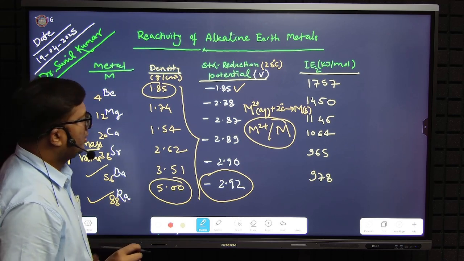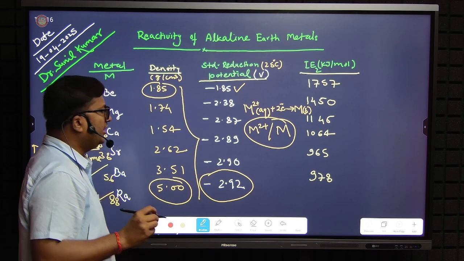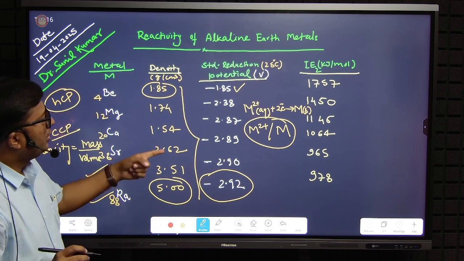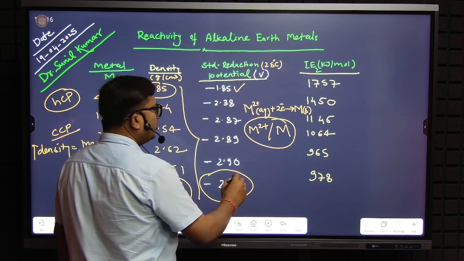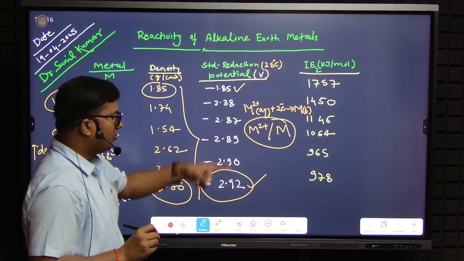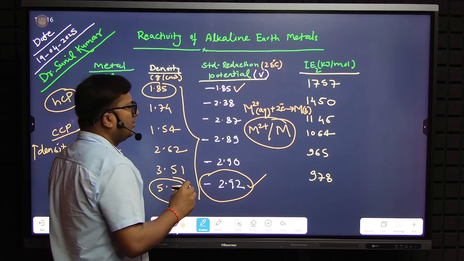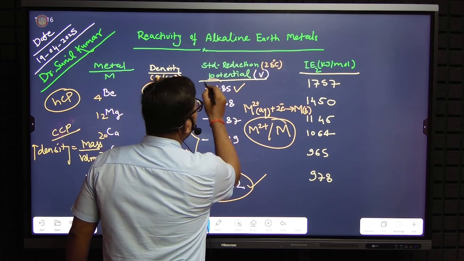From these values, you can see clearly that it has a very high value in this particular group, and the least value is in case of beryllium.